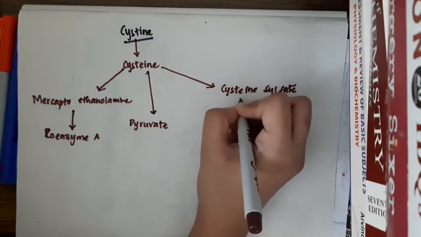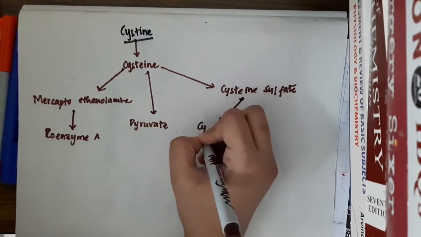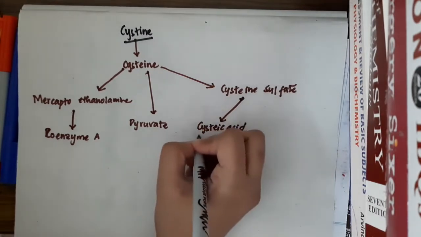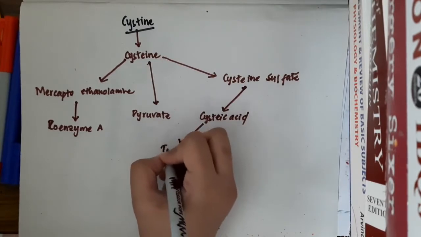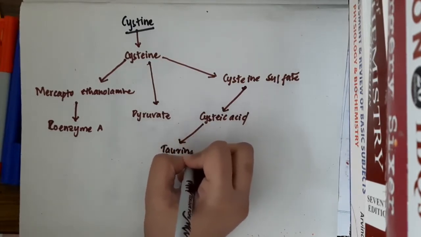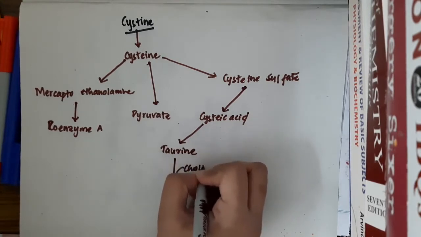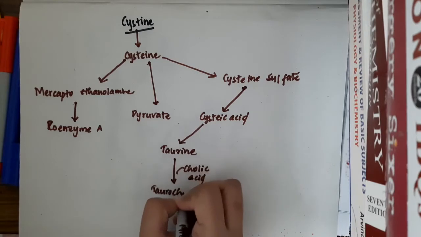This cysteine sulfinate combines with half oxygen and it forms cysteic acid. This cysteic acid in the presence of decarboxylase forms taurine, which combines with cholic acid and it forms taurocholic acid.